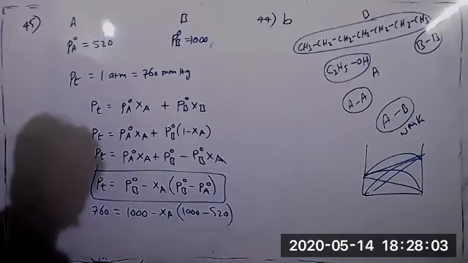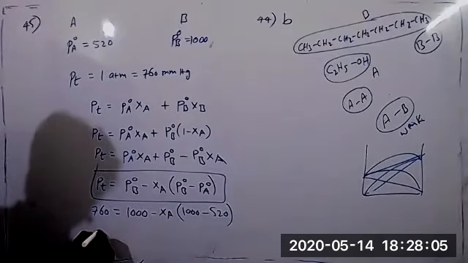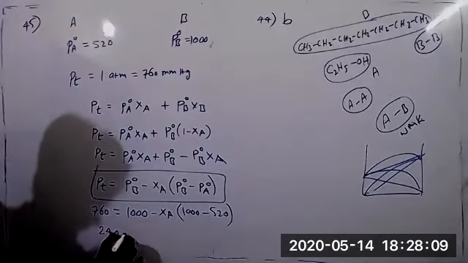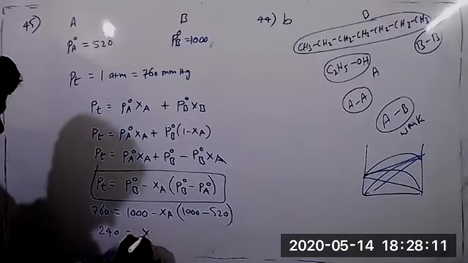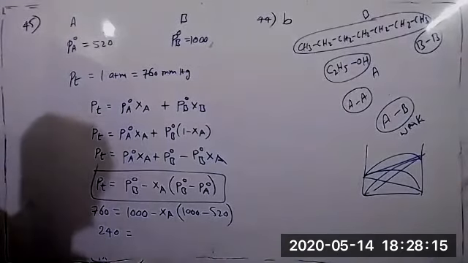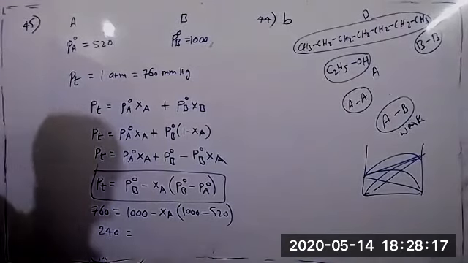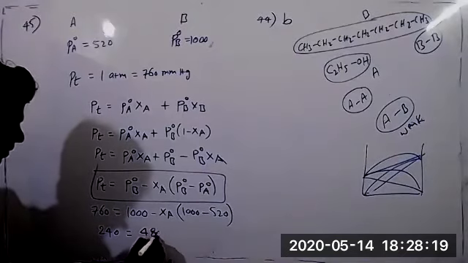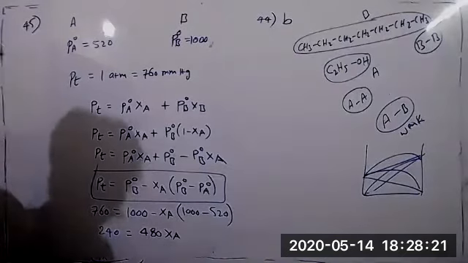Move this side: 240 minus, so this minus cancels. XA into 1000 minus 520, that is 480 into XA. Now calculate XA.